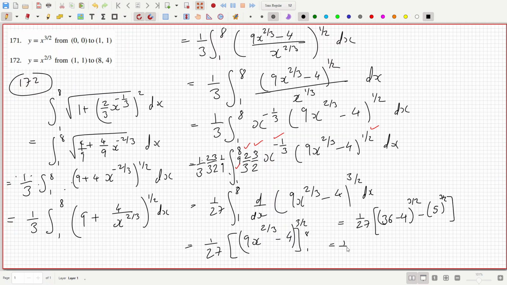So that'll be 1/27, 32 to the power 3/2. It's kind of not nice. 5 to the power 3/2.